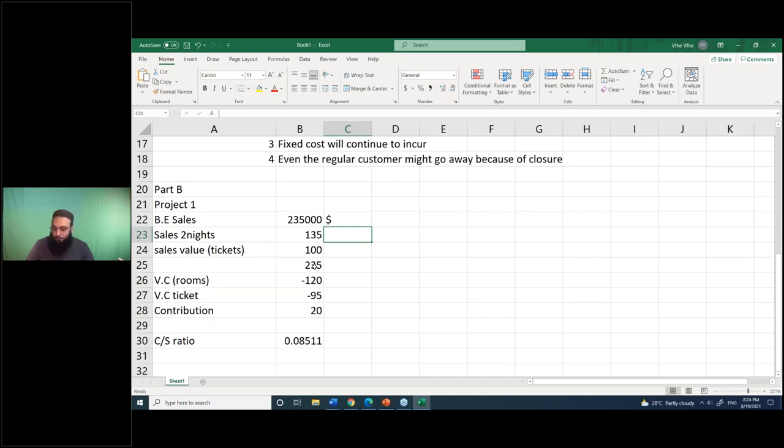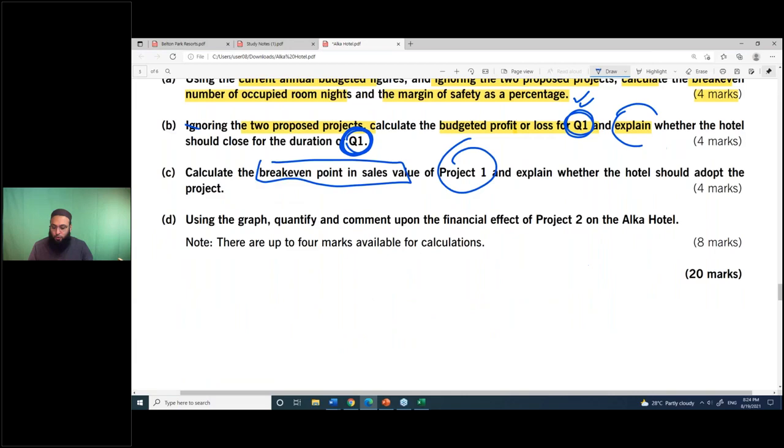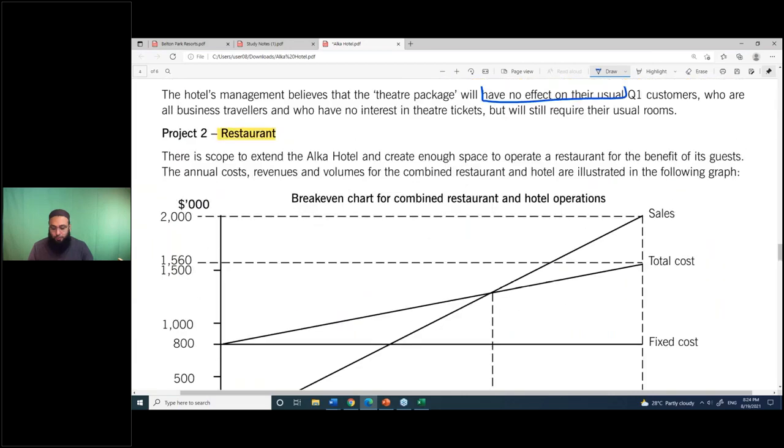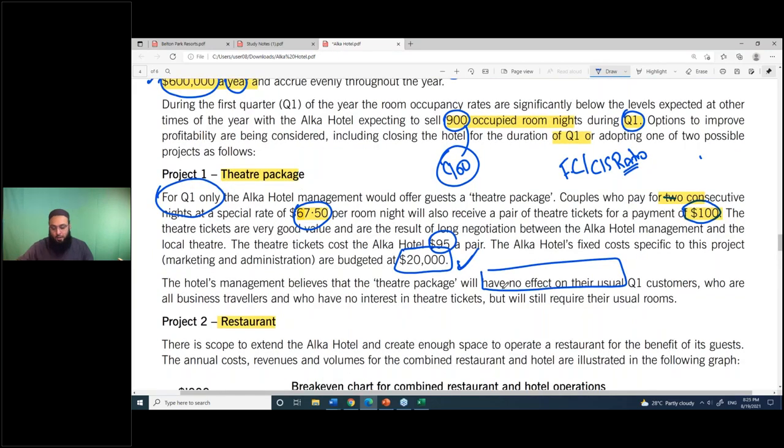Okay. Now, after this, the next thing is to explain whether the hotel should adopt the project or not. Now, what do you think? Should we adopt this project or not? Your answer will definitely matter here, and you really need to think about it before you give your final judgment about this part.